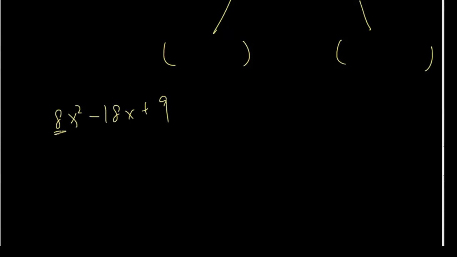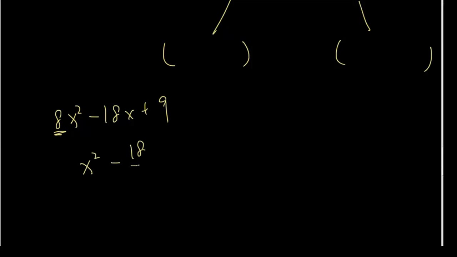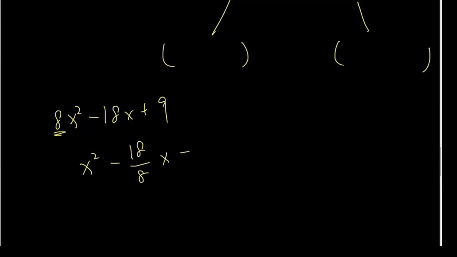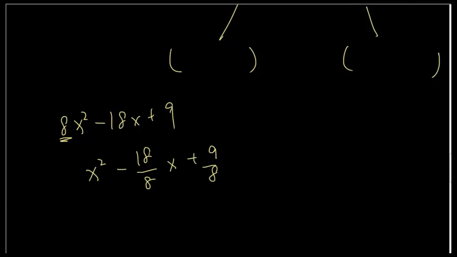Remember we have to get rid of the 8, so that will be x squared minus 18 over 8 plus 9 over 8. Now this can be 9 over 4.